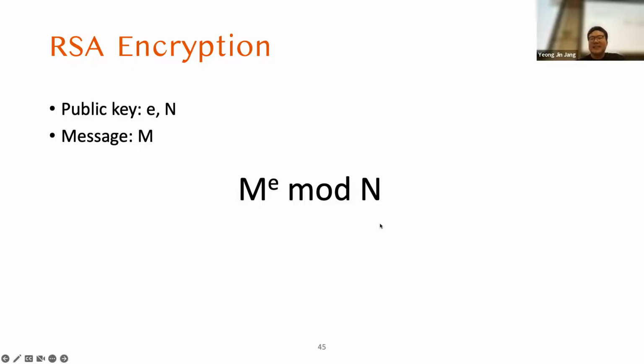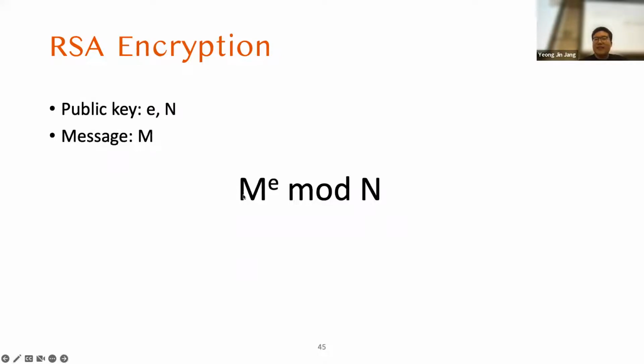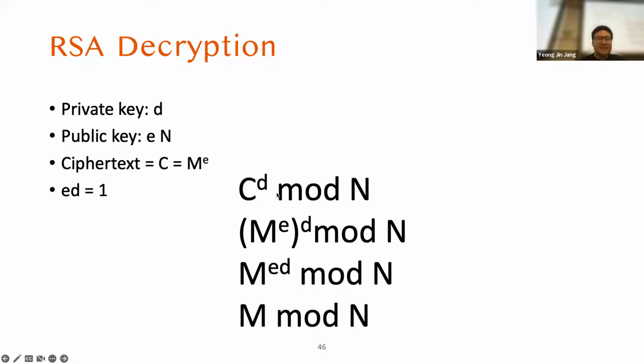And then RSA decryption is that we will apply the decryption key as an exponent too. Encryption applies the power operation to the message with the exponent E, right?